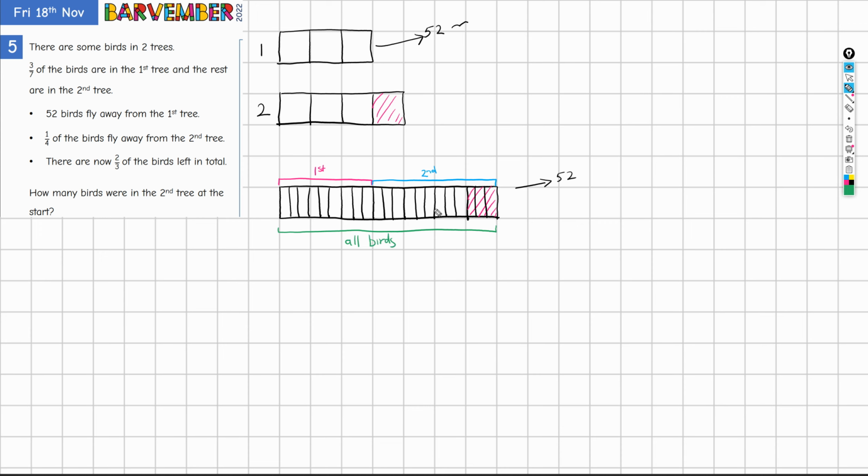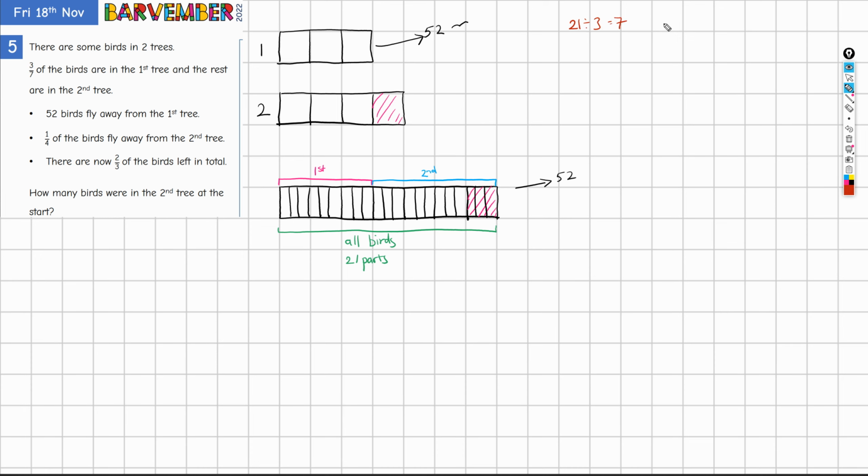regardless of whether they are in tree 1 or tree 2. So this is all of the birds, and we know that there are 21 parts altogether. Okay. So what are we told? There are now 2/3 of the birds left in total. Well, I know that 21 divided by 3 is 7.